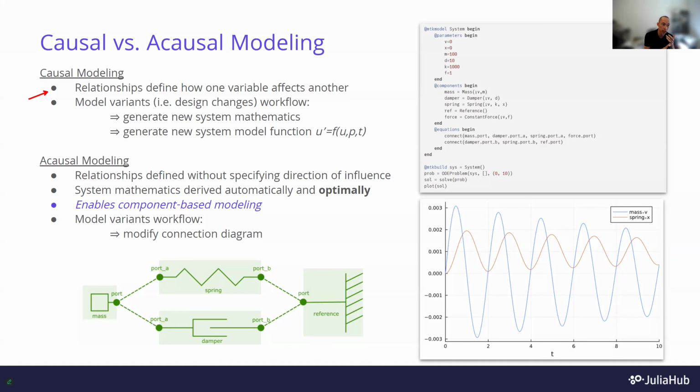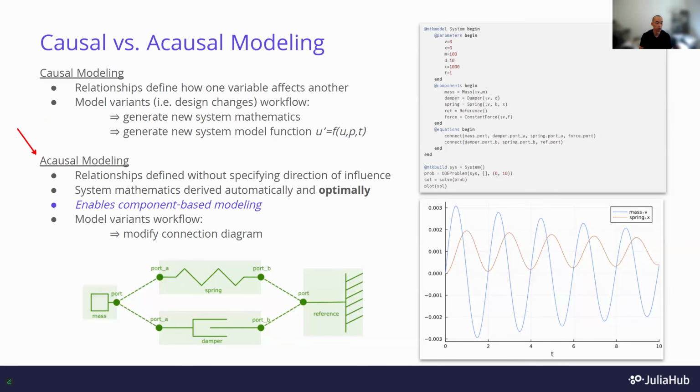When you change your model, when there's any kind of variation or update, new system mathematics must be generated. What does that mean? Because you need to specify outputs as functions of inputs, when you change outputs and inputs in a model or system, a lot of the mathematics needs to be rederived.